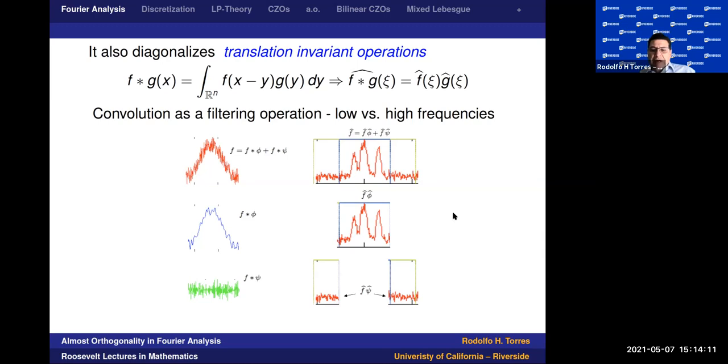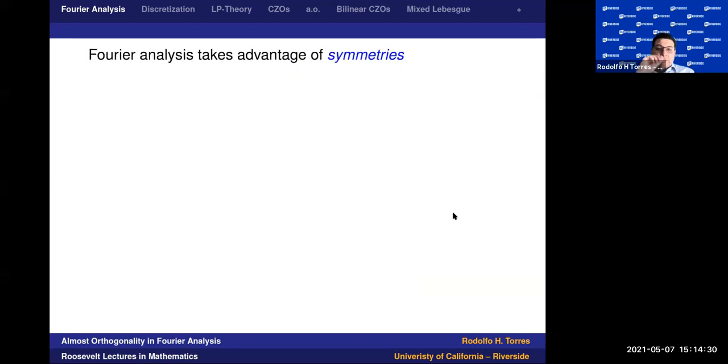And then when we multiply by that function, we kill all the low frequency information, and when we transform back, this is what we get. And of course, we add these two pieces, we get the original function. Okay. And this will be used a lot, maybe not so explicitly, but it's embedded in many of the things that we will be talking about.